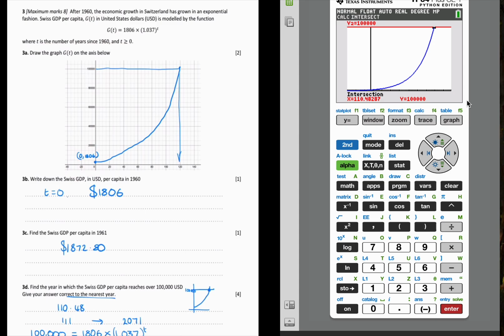So the marks for this question, the first one of them is for the shape. Now that shape includes the domain, which means that you can't have that negative section drawn. And there is 1 mark for labeling on your y-axis. There is 1 mark for finding and stating the first initial value.